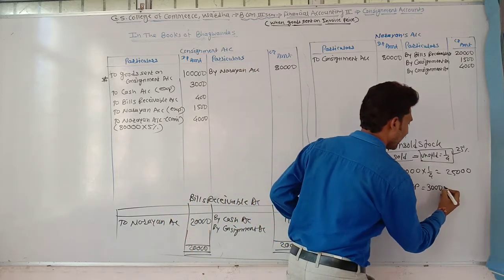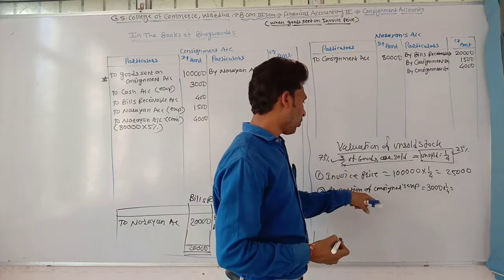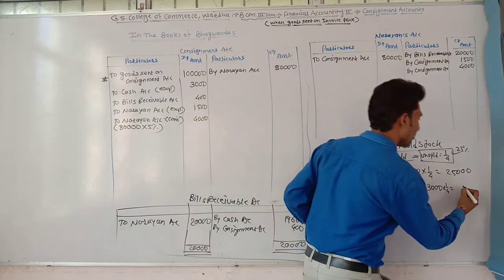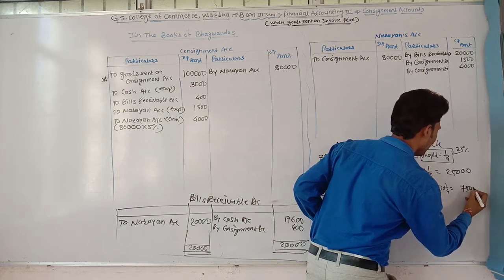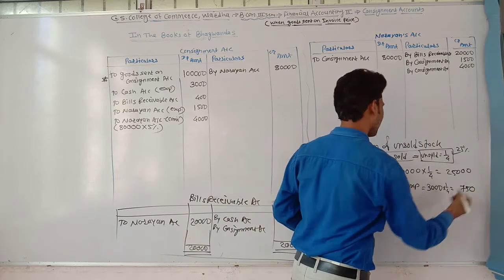Out of that, they have the balance one-fourth for goods. It means we need to take the proportion of that 3000. It becomes rupees 750.